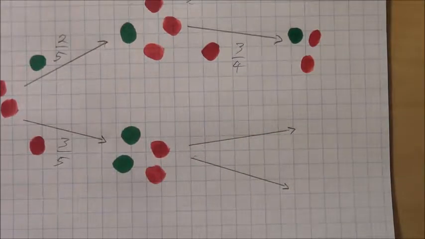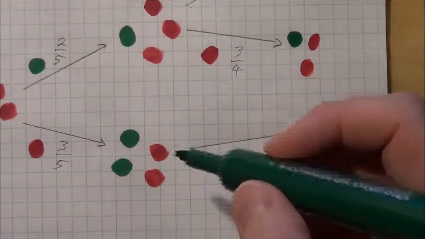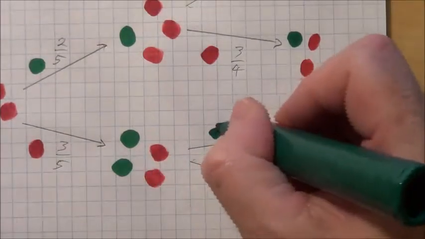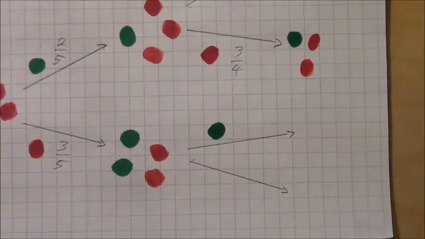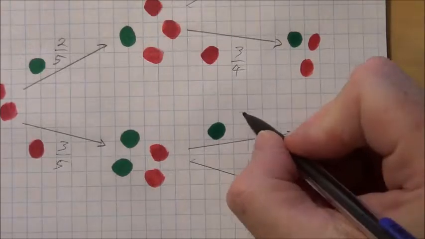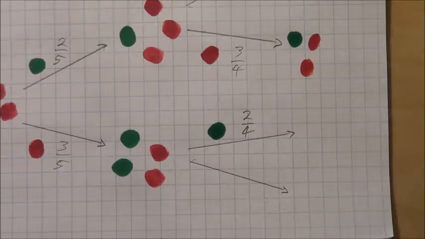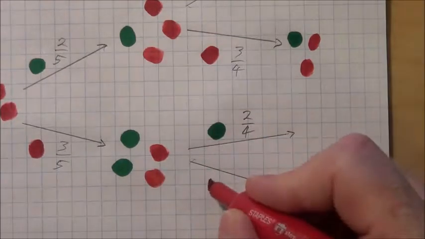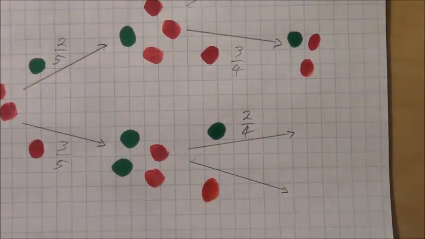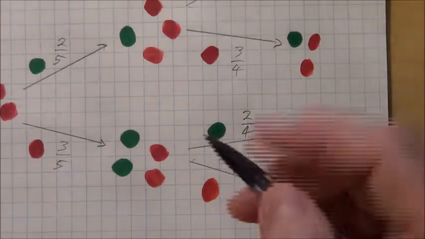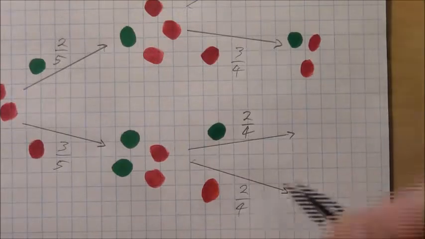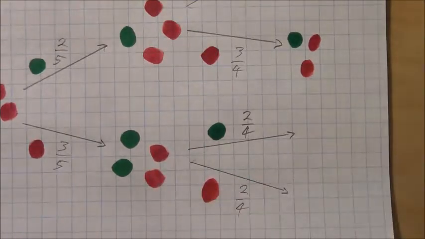So after we choose the red marble, if we choose a green marble, the probability of that is going to be 2 out of 4, because there's 2 green marbles out of a total of 4. Or if we select a red marble, then the probability is going to be 2 out of 4, because there are 2 red out of the total of 4.